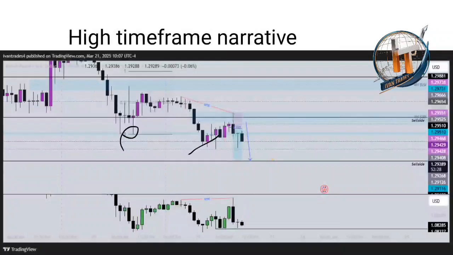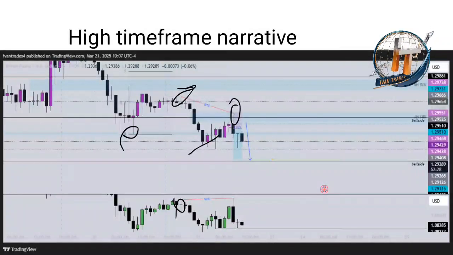We displaced through the previous day's low on the GBP and essentially formed an SMT with Euro USD, because Euro USD had not yet breached the previous day's low by then, but it had already made an SMT with the GBP on the highs. As you can see right here, the GBP did not sweep this previous day's high, this Asian range high, whilst Euro did it right here.